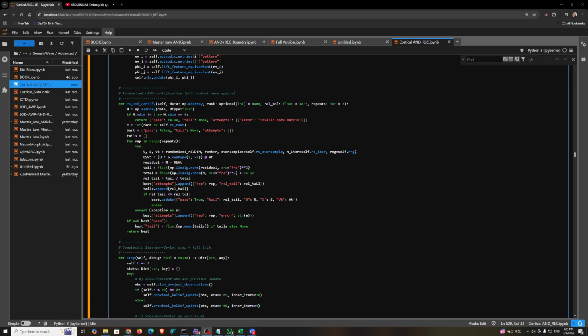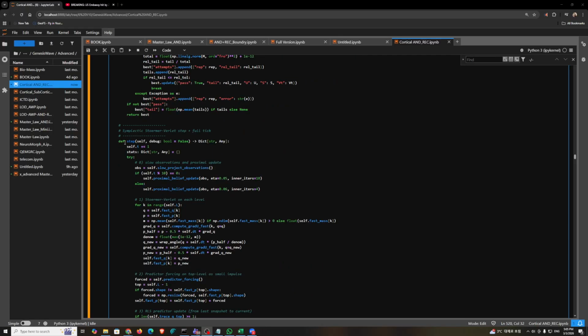Then it certifies how accurately this compressed representation captures the original data, ensuring that the model reduction doesn't discard too much important information. If the reduction is certified as accurate enough, it can then be used to refine the internal weights of the engine. That's a process called warm compression, and that makes it even more efficient. This is a direct implementation of the model reduction and certification aspect, which is crucial for keeping complex neuromorphic systems tractable. Okay, let's talk about this step function down here.